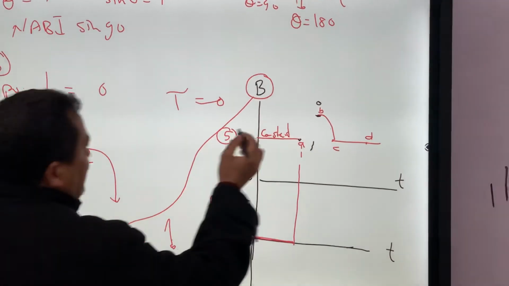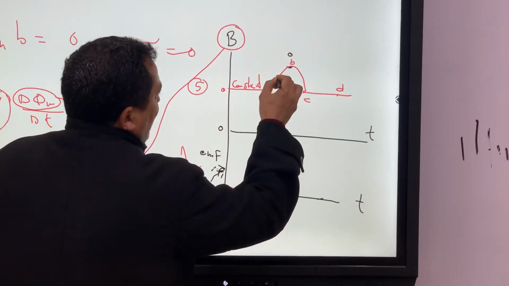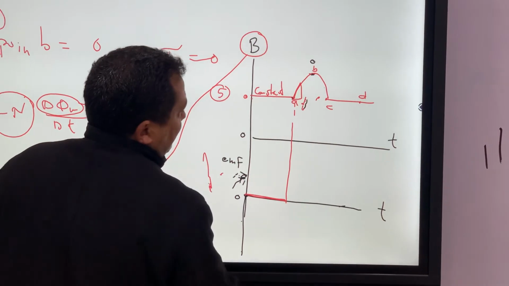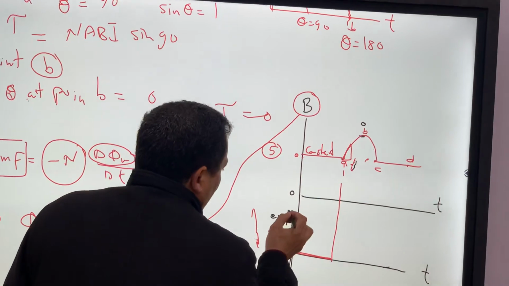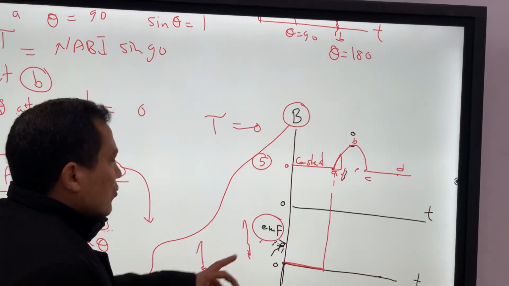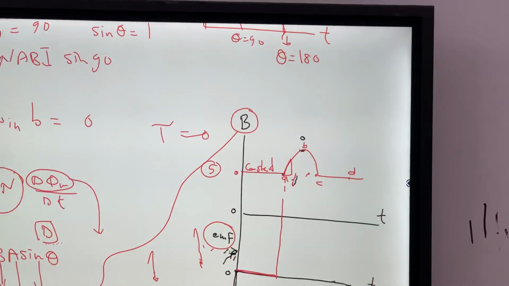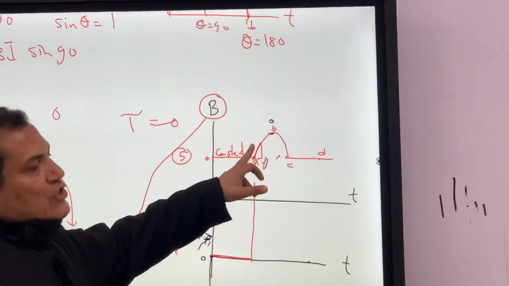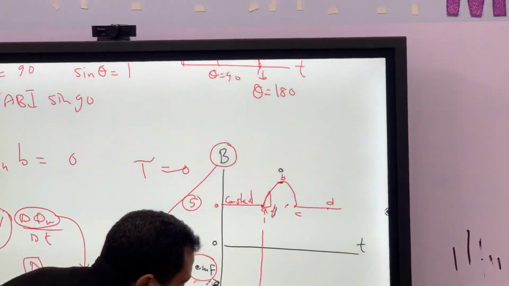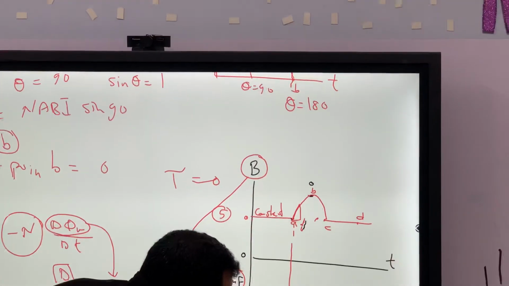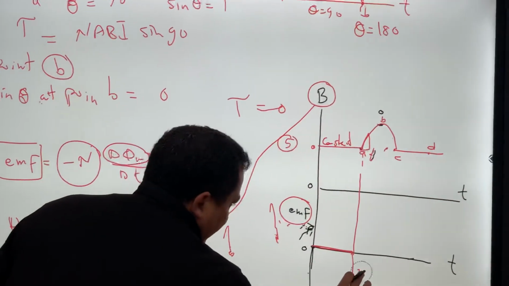To understand this point is important. The slope at this point is large positive. So the induced electromotive force is formed in the opposite direction. If this direction is positive, EMF is in the negative direction. So EMF is maximum in the negative region.